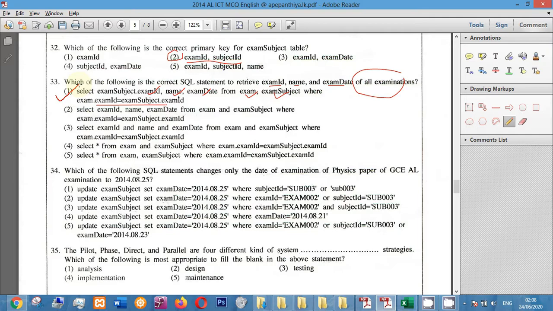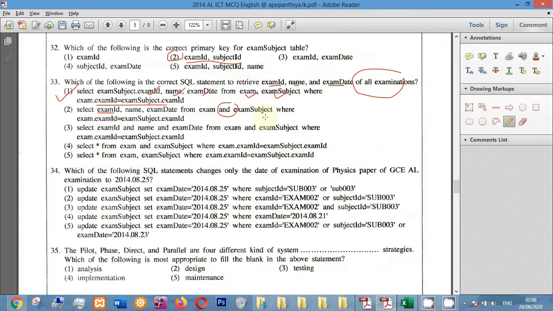Second one, the problem is it does not mention which table the exam ID comes from, but that's okay. But here the main problem is this one. It says exam and exam subject.